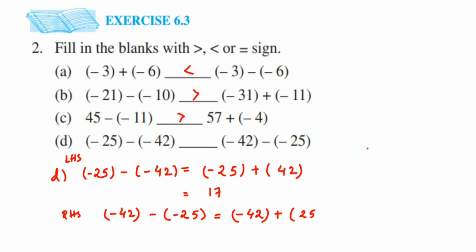Now the integers have different signs, which means subtraction, so we subtract them and get 17. But the sign will be different here: 42 is greater and it has a negative sign, so the final answer will be minus 17. Now compare 17 and minus 17. Which one is greater? 17 is greater. Obviously positive integers are greater, so LHS is greater than RHS.